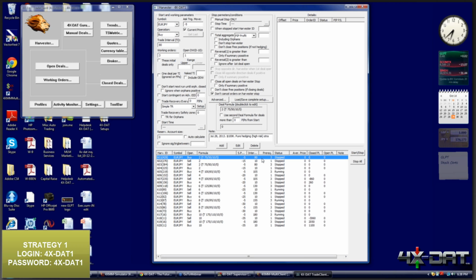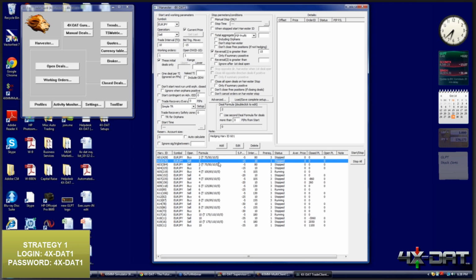When a trade goes against us, an opposite trade, which we call the hedging harvester or hedging trade, is opened. The strategy has several harvesters, and those harvesters open at different pip intervals, meaning that the market has to move a certain direction in order for the hedging trade to be opened.